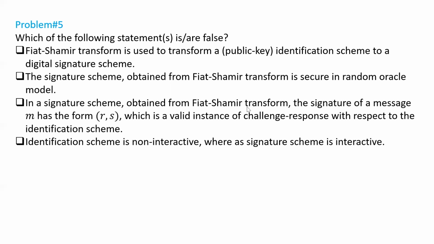If we need to compute the signature of some message M, then we compute the signature of the form R, S, and R, S is indeed a valid instance of challenge response with respect to the underlying identification scheme on which we are applying the Fiat-Shamir transform. So this statement is indeed true.